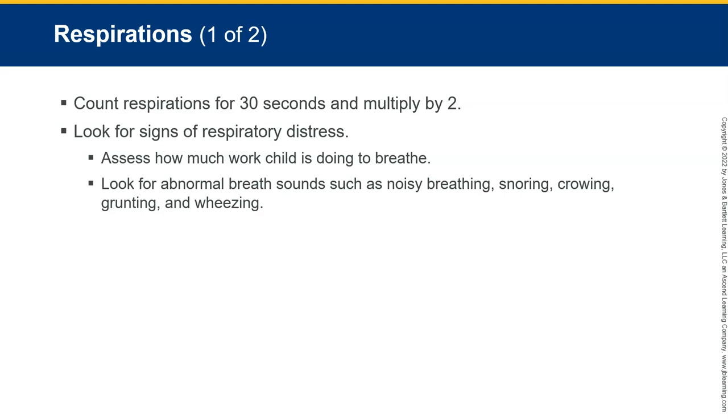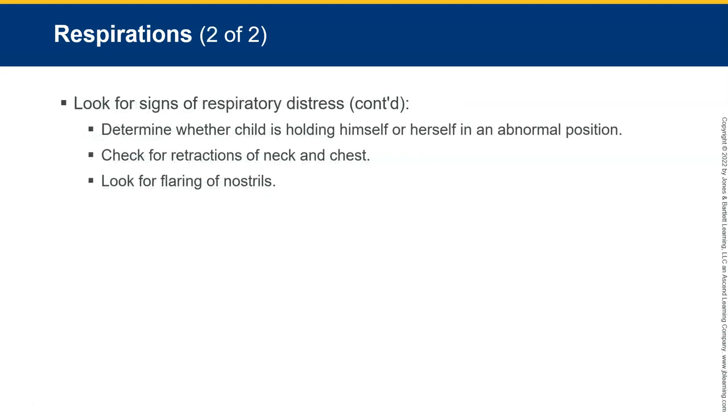Now while we're doing this, we're looking for signs of respiratory distress. So what I mean by that is we're assessing how much work the child is doing to breathe. We're listening and looking for abnormal breath sounds. So do we see or hear noisy breathing: snoring, crowing, grunting, wheezing? Your book talks about those, but are we hearing those? That's what we're looking for, some of those abnormal breath sounds.